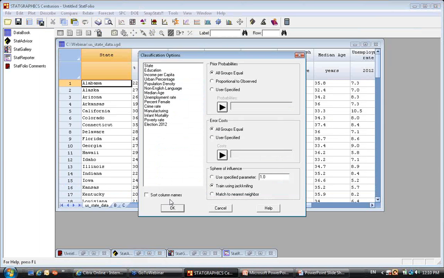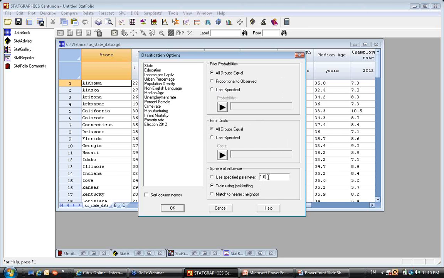The next dialog box I'll see will be the analysis options dialog box. Here I can specify the prior probabilities. I'm going to say they're equal for all the groups, but you could put in something else. You can specify error costs. Again, I'm going to say the cost of misclassifying is equal for every group, but it could be different. And finally, down here, this is the most interesting section.